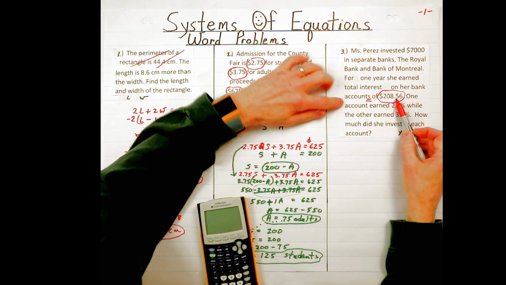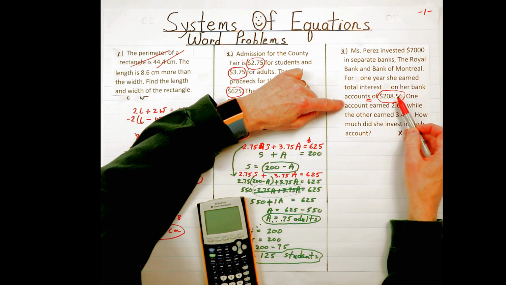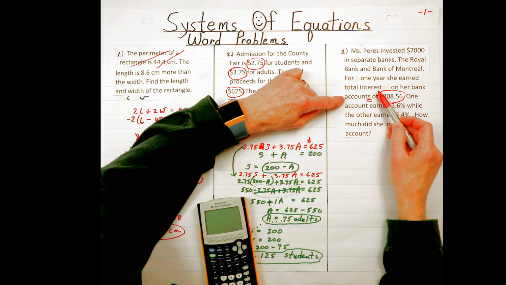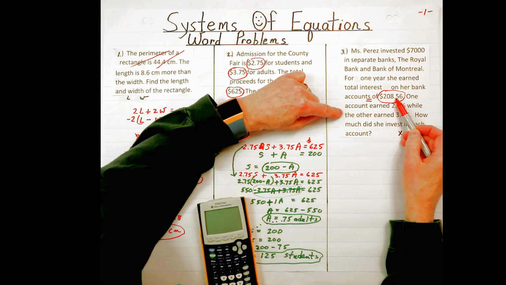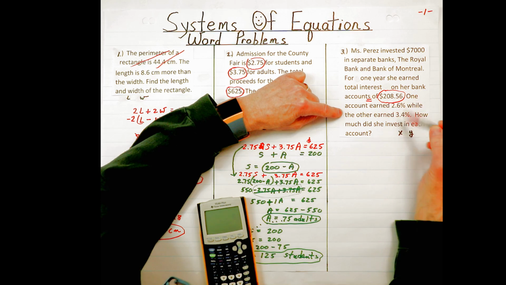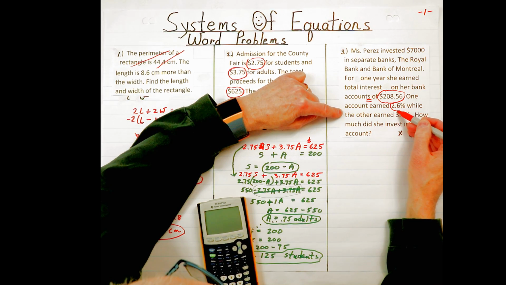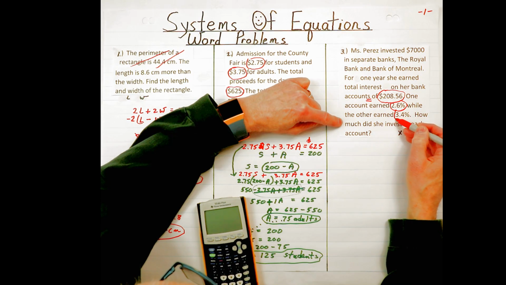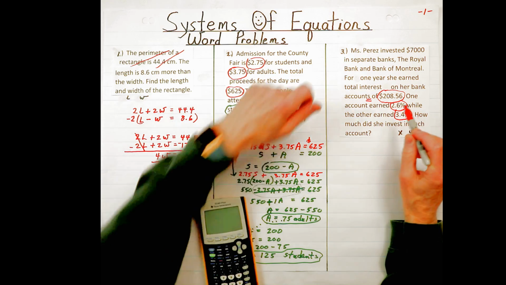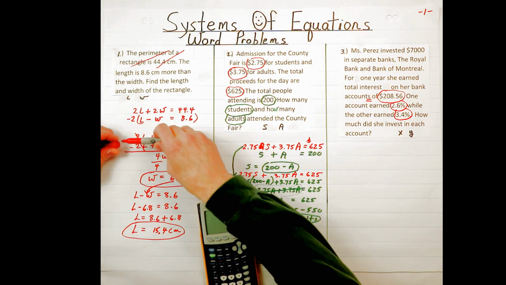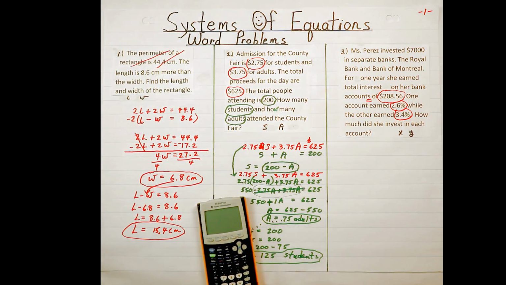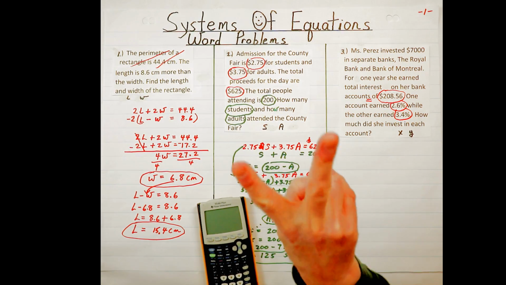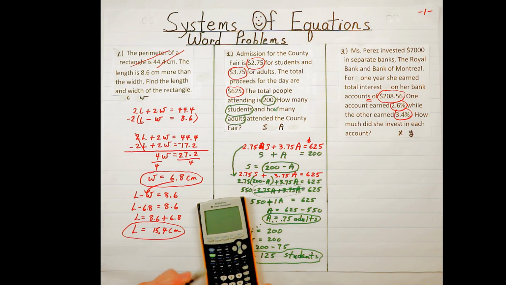This is interest, okay? This is the amount of interest. For 1 year, she earned total interest of $208.56. One account, 2.6%, that's interest. The other account, 3.4%, that's interest. There's our first equation. So, in this equation, we have 2 totals. One of them is interest total.